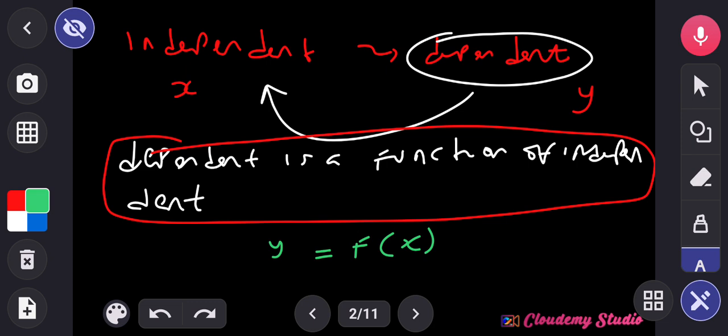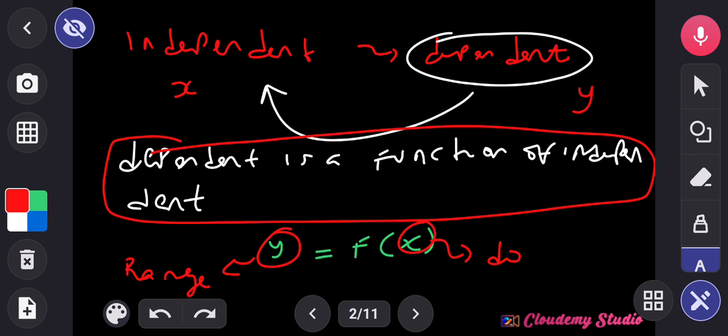So this y is what we refer to as the range, and this x that is here is what we refer to as the domain. So the range is the dependent variable, and the domain is the independent variable.